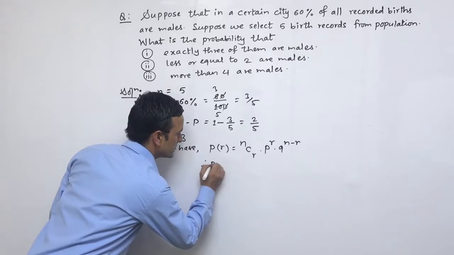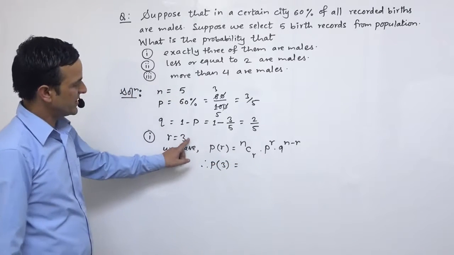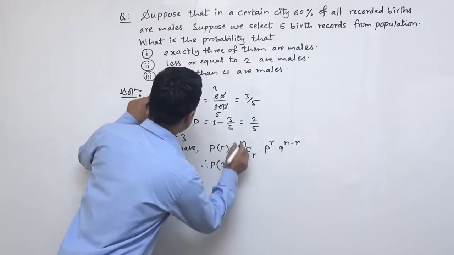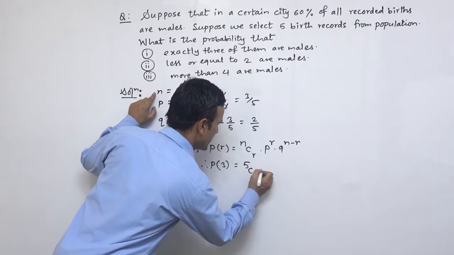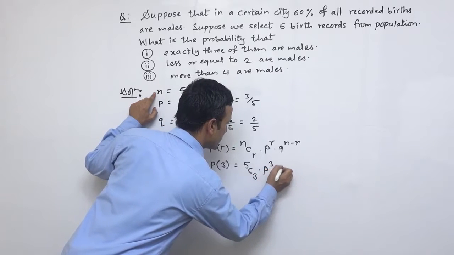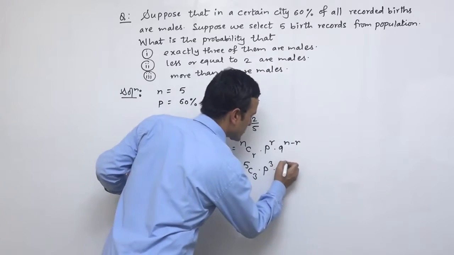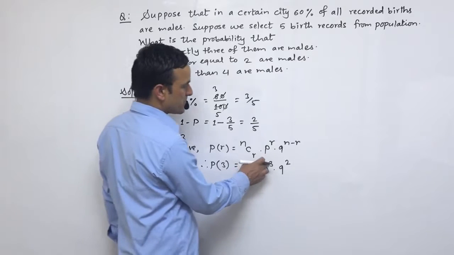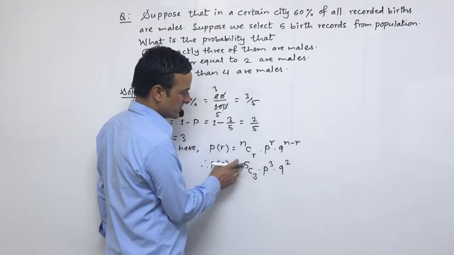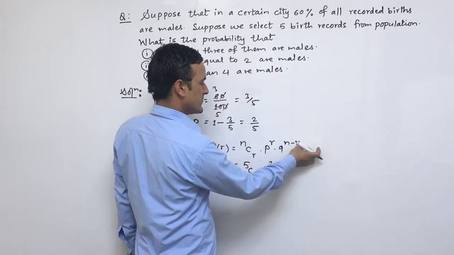This expression and this expression are the same; whether you write it this way or that way, the notation is the same. So write down the value of r is 3. r is 3 here, and the value of n is 5. C, r is 3, p power 3, q power 3, and 2 means 5. That's why I write 2 directly: this power and this power altogether will be 5, that means 5 minus 3 means 2.